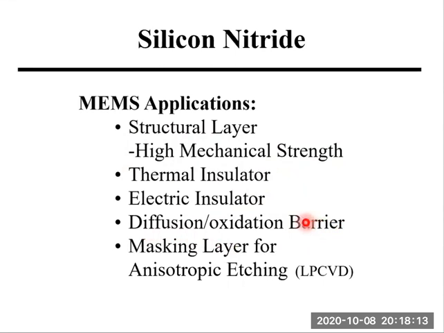Most materials have very low diffusion coefficients in silicon nitride. So silicon nitride can serve as a diffusion or oxidation barrier, and also a masking layer for anisotropic etching, for example, KOH or TMAH etching.